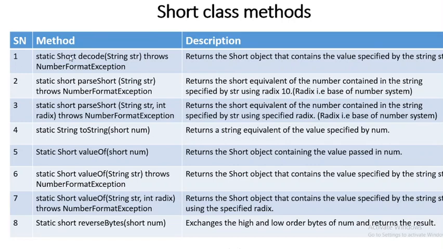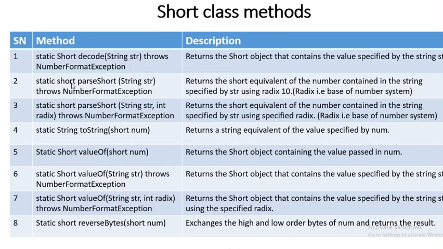First method, return type is Short object, decode in brackets String str, throws NumberFormatException, returns the Short object that contains the value specified by the string str. So whatever string you are specifying over here will be converted into a Short object, and if this conversion is not possible, it will throw NumberFormatException.